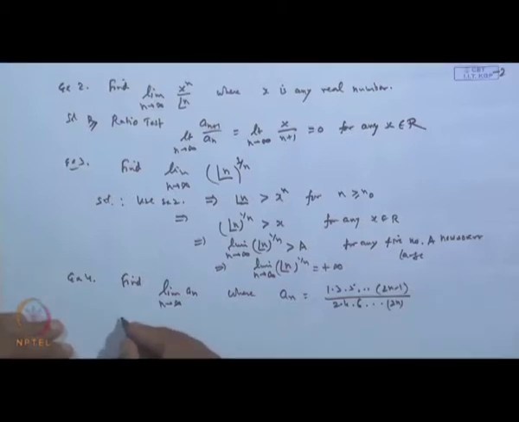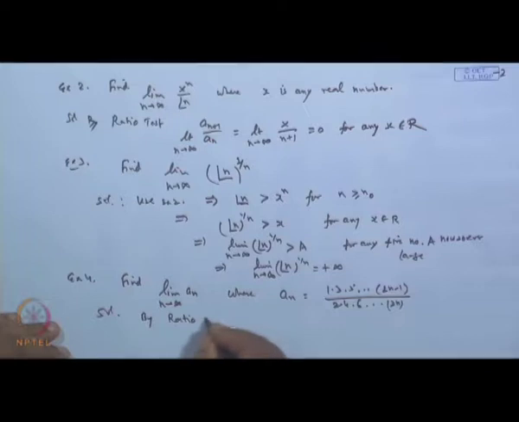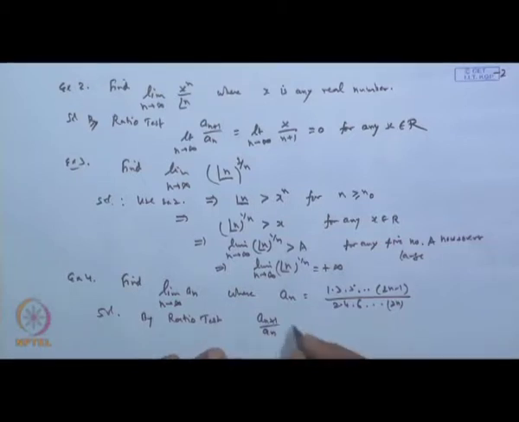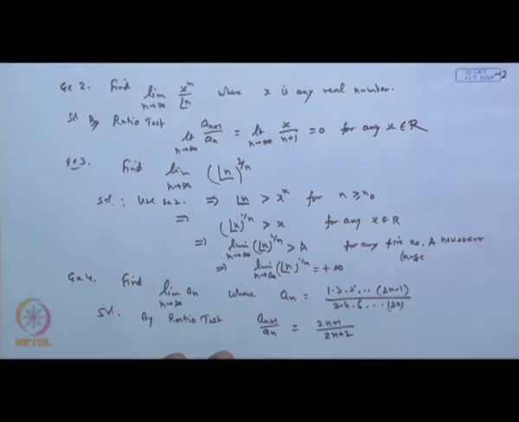Okay. Now, these are all positive terms. So, apply the ratio test: a n plus 1 over a n. This comes out to be what? 2n plus 1 over 2n plus 2.